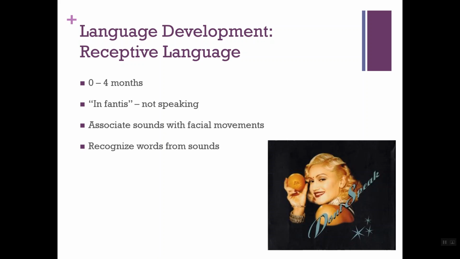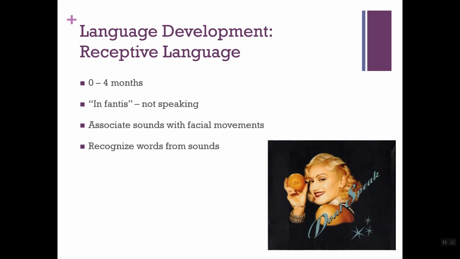Okay, so let's talk about a little bit of language development. In the early years, or I should say months, 0 to 4 months, this is known as the infant period. This is when kids aren't generally speaking, okay? More of the time, infants instead are watching a lot, right? Because they've got those eyeballs, they can look around.